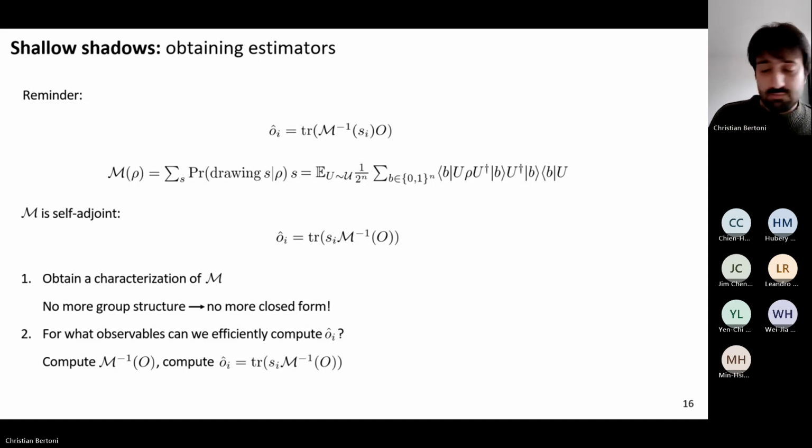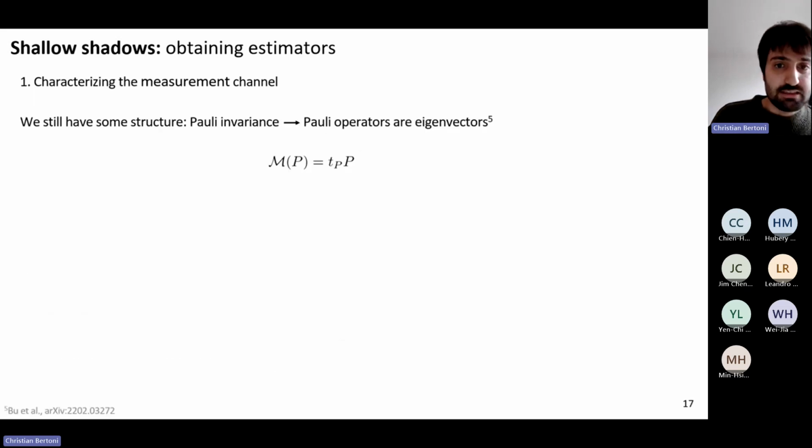Right, so one thing at a time. Let's start with the first point, characterizing the measurement channel. So I said that we have no more group structure. In a sense, we still have a little bit.